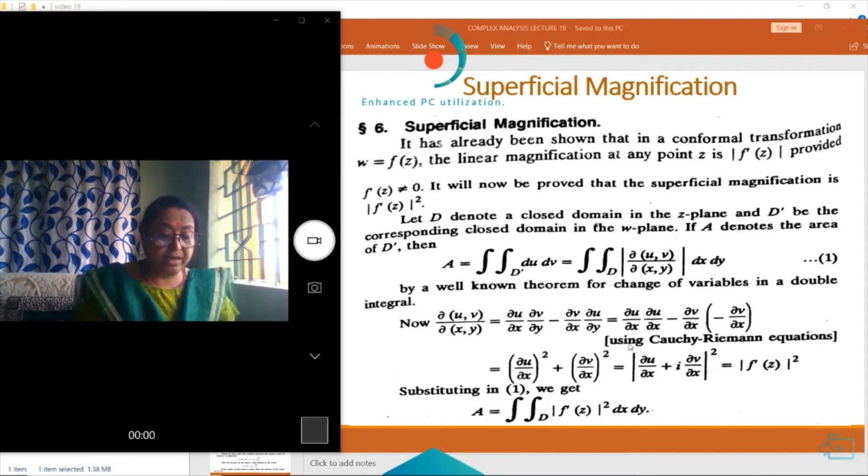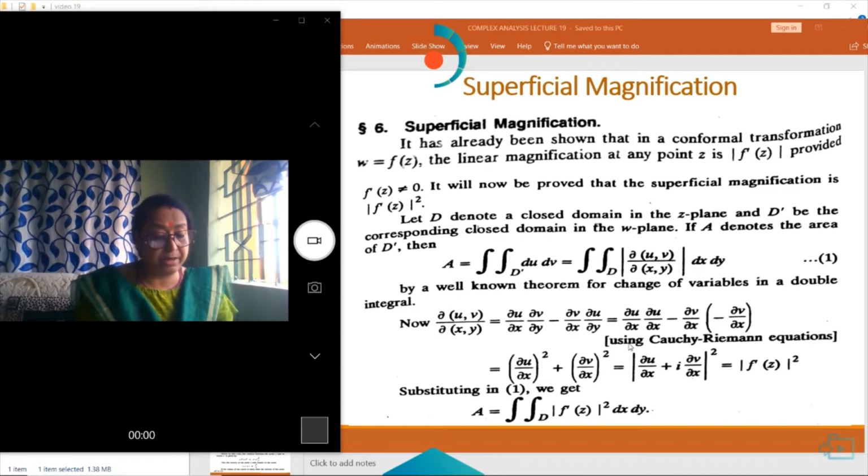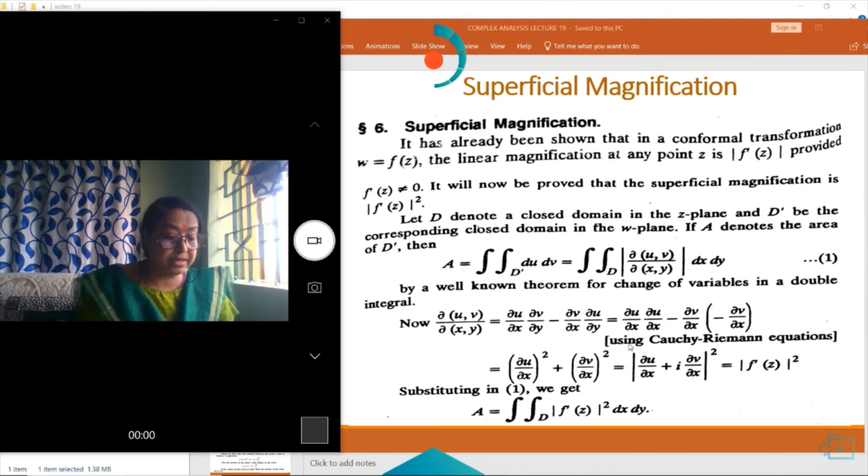See here, we convert du dv into dx dy by the Jacobian transformation. We write it as the modulus of the Jacobian times dx dy, and the Jacobian can be written as del(u,v) divided by del(x,y), which is del u by del x into del v by del y minus del u by del y into del v by del x, and so on.